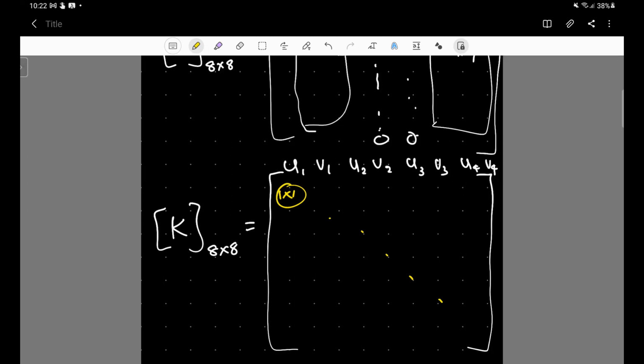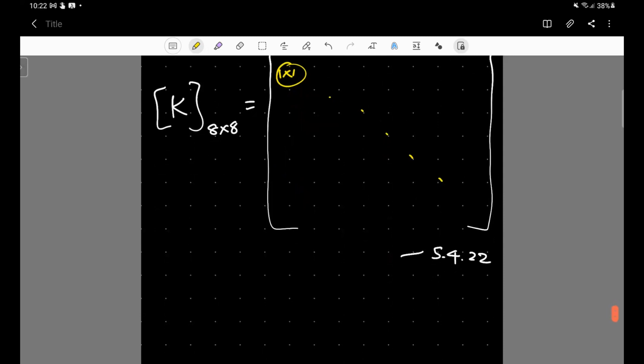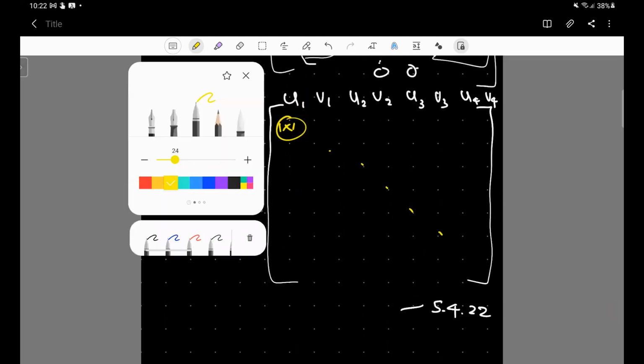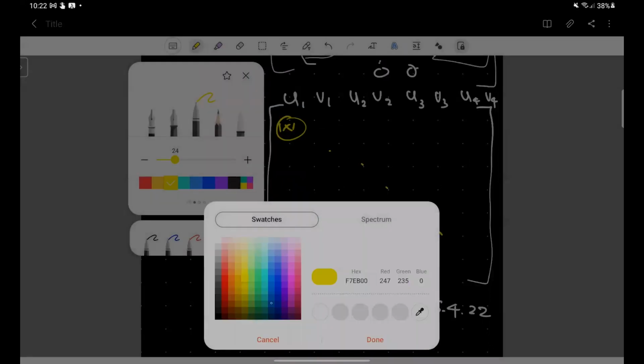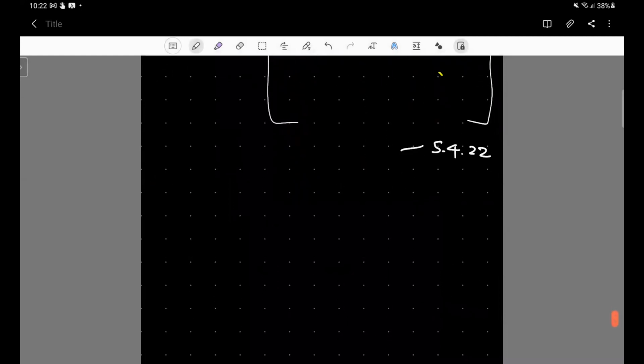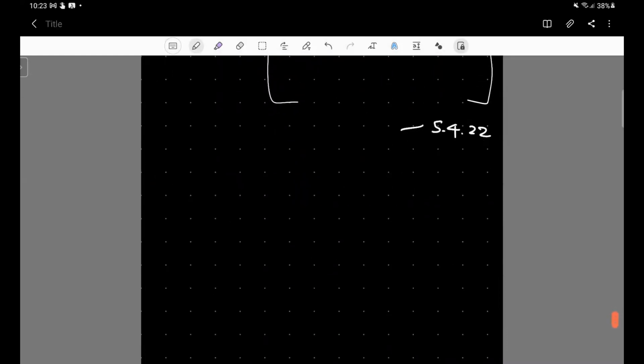So once you do it correctly, all these details will be found in the supporting material, in order to save time. Since you already have the K matrix, the global stiffness matrix, this is capital K now, not the element K. Capital K refers to the global structure.